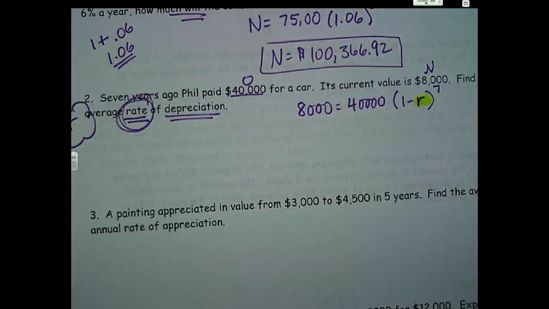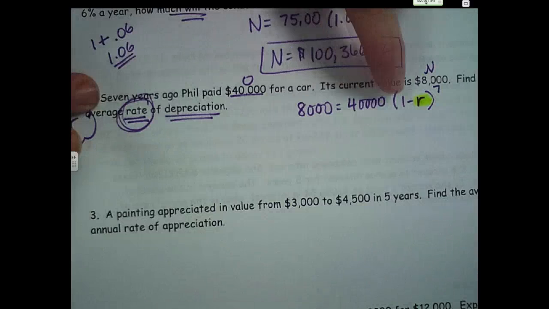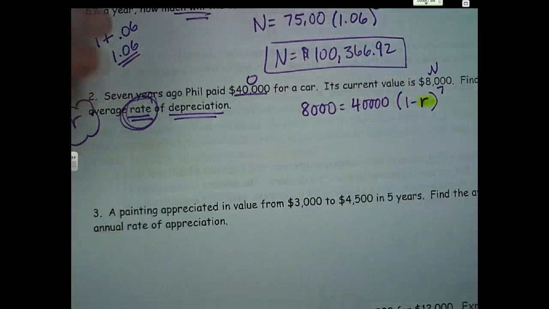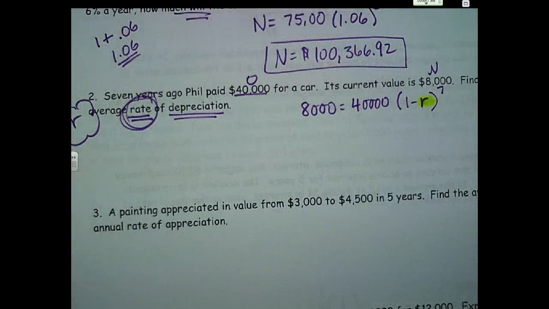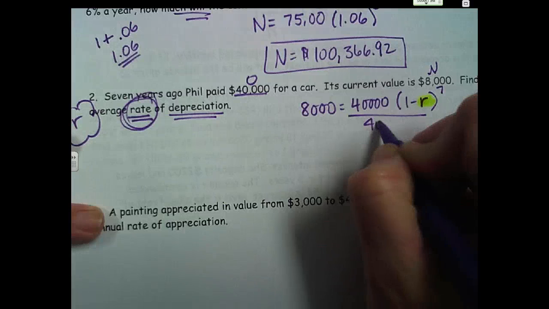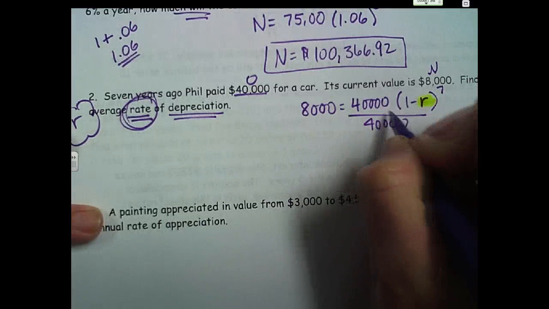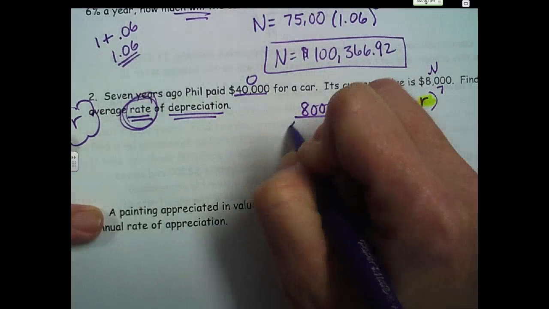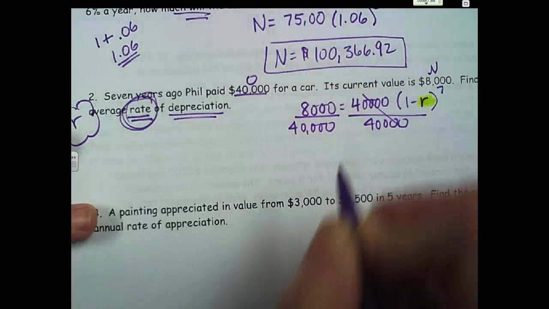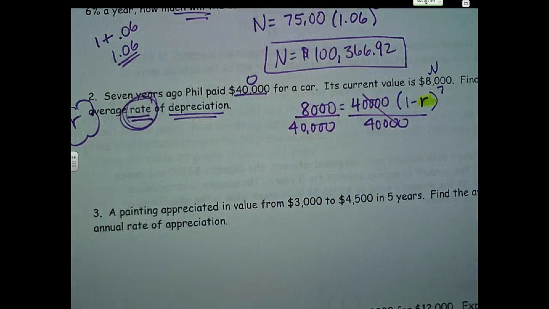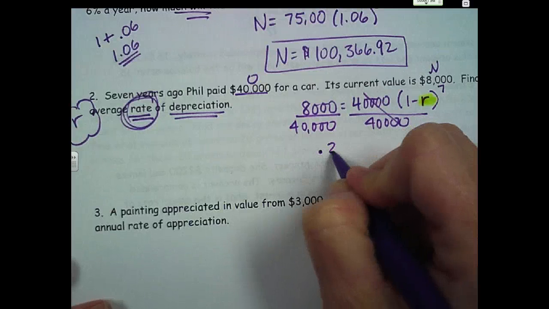Finding r, a little more tricky. Okay, so the formula is important. To get r alone, I have to get rid of the 40,000, the 1, and the 7. What do you think I need to get rid of first? Good, the 40,000. So divide both sides by your 40,000. So 8,000 divided by 40,000, and the calculator gives you 0.2.